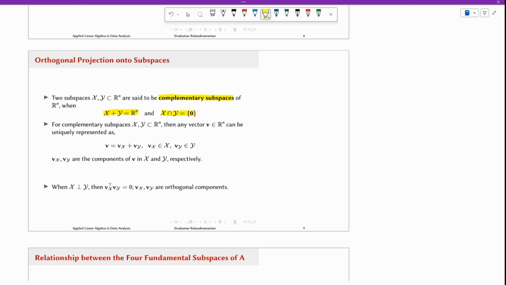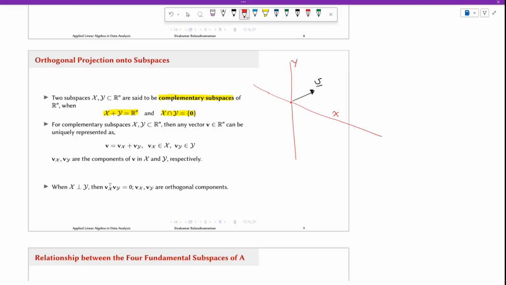It turns out that if you have complementary subspaces like this, and let's say we have some vector V. This is my X. This is my Y. These are two complementary subspaces of R2, because if I add these two, I will get all of R2, and the only point where they intersect is 0. Let's say now I have a vector V which belongs to R2.